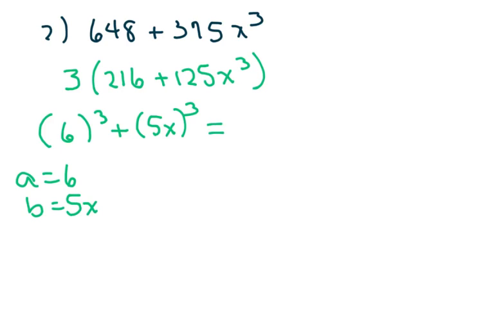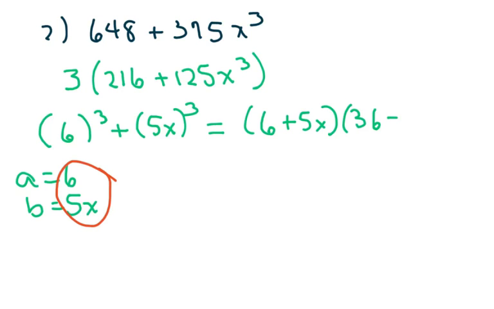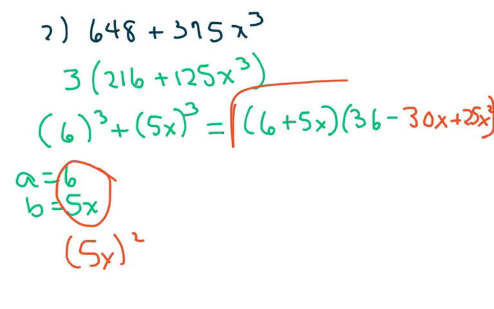And then you just fill in the formula. So it's going to be 6 plus 5x. Now we're going to square the A, which is 36. Now it's minus, and you just multiply these two. So that's going to be 30x. And then plus, and you just square 5x, which is 25x squared. And that is your answer.